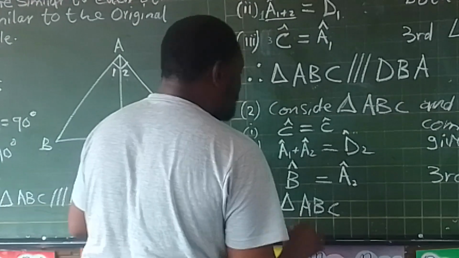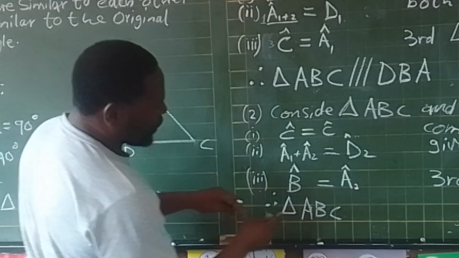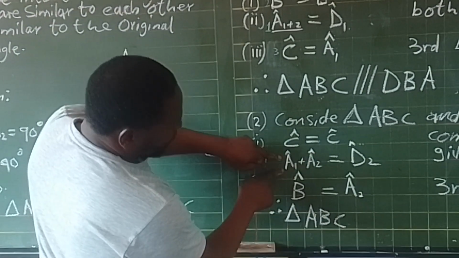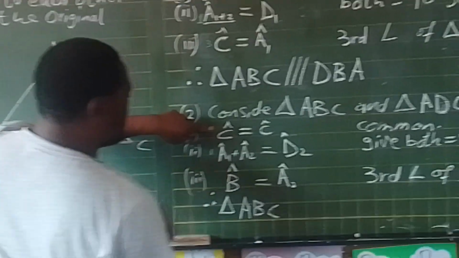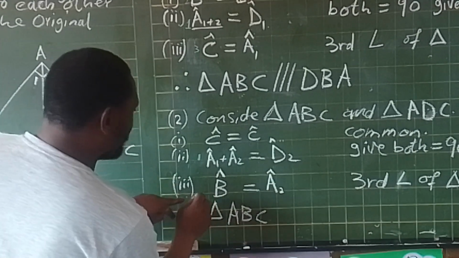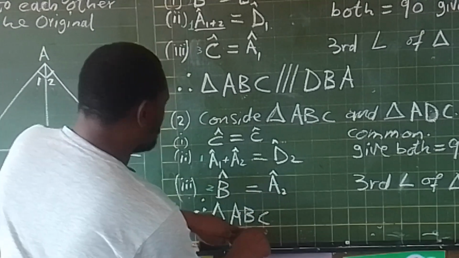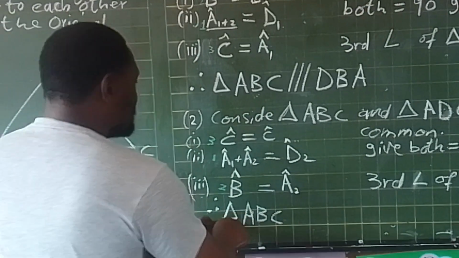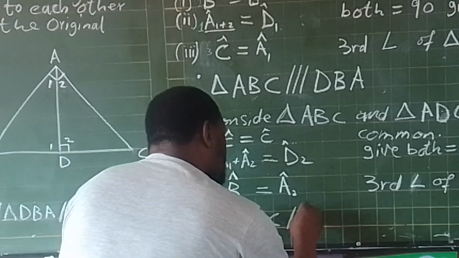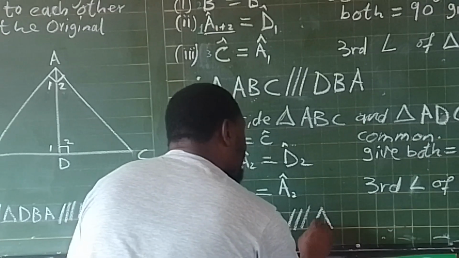And now do that little trick I told you before. You see, the first one was A. So we say this is A, number 1, B, number 2, C, number 3. So we are going to follow that order. Triangle ABC is similar to triangle.